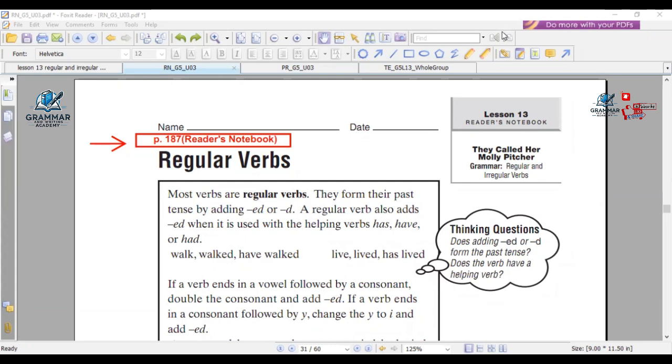If you want to write a sentence in the past tense, you have to pay attention to the simple predicate. You have to pay attention to the verb. First of all, you have to decide whether the verb is a regular verb or an irregular verb.